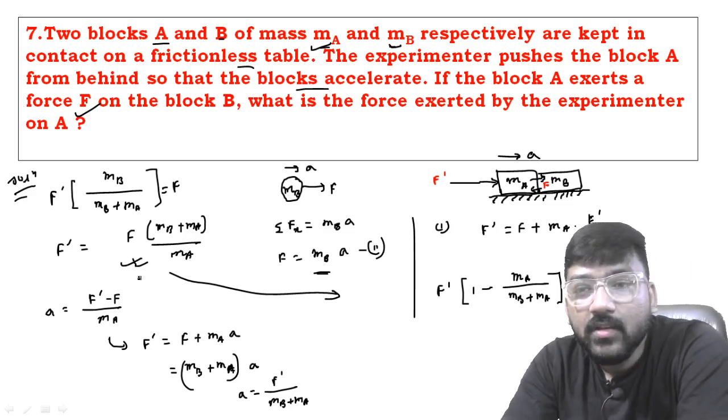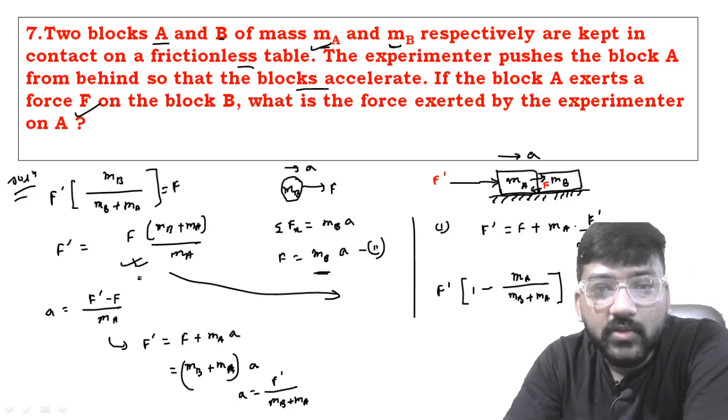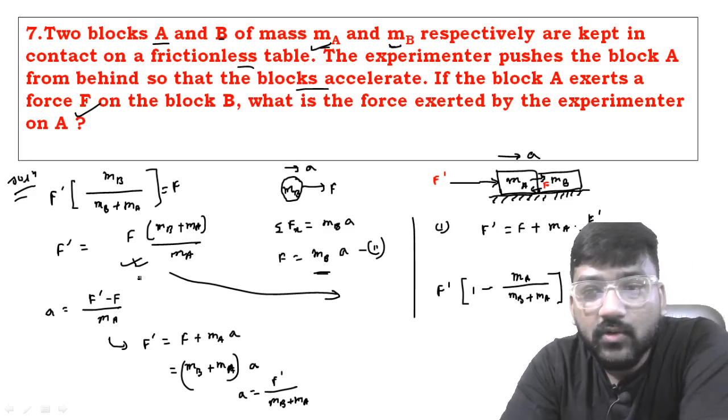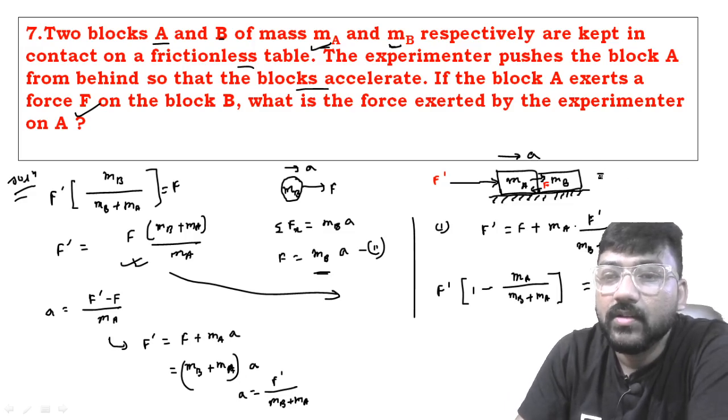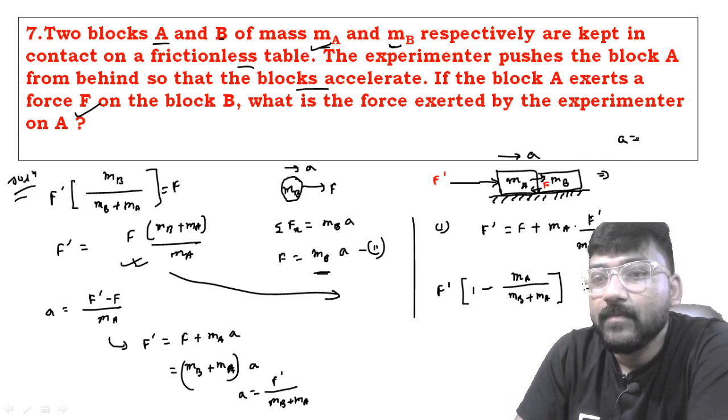Okay, but if you want, you can solve this problem in another way also, because you don't actually always need two equations. You can solve it by using one equation. With acceleration, you can directly find it from here. That is, the acceleration is equal to net force divided by mass, ma plus mb.